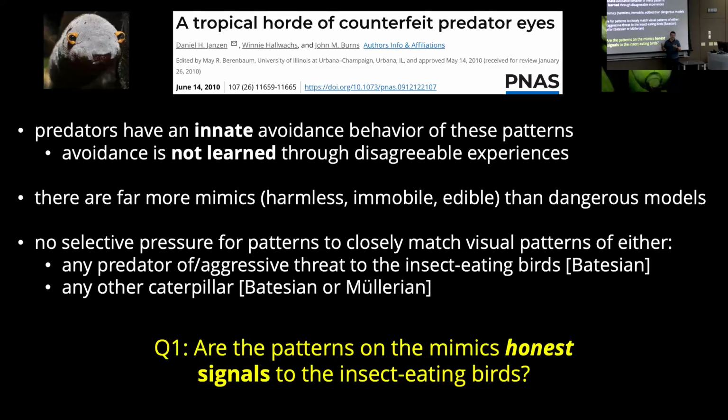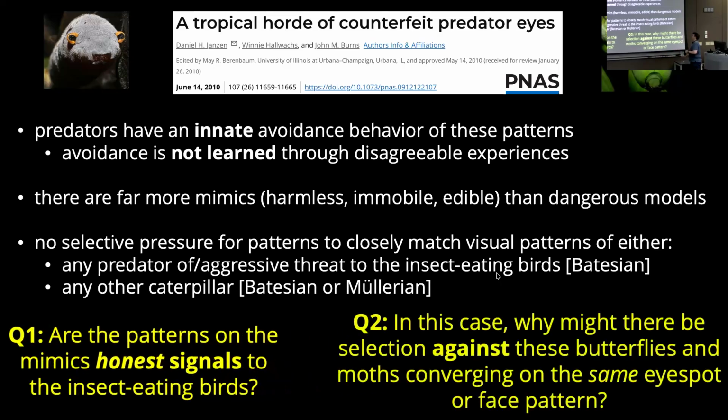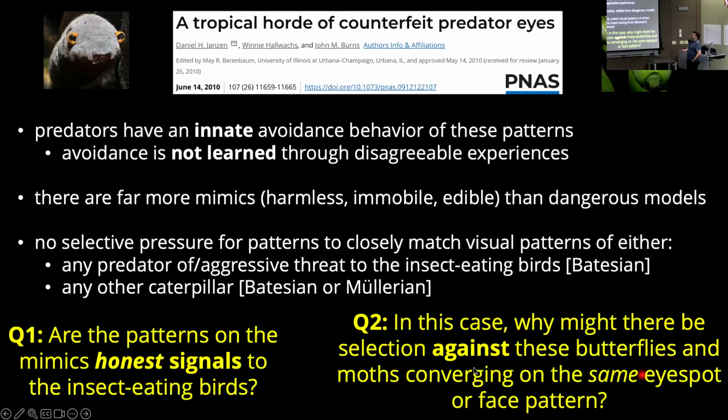It'll never have a negative experience with that particular pattern. So it's a little confusing how it could be maintained if we just focus on that one particular caterpillar. So then you have to ask, what might be happening here? Why, on the flip side, might there be selection against convergence? Why might there be selection for diversity?